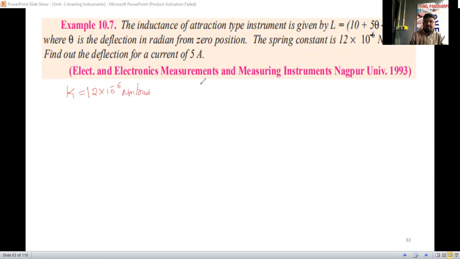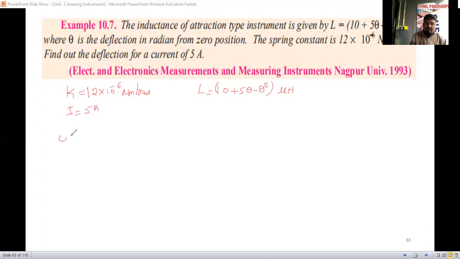L is given as 10 plus 5 theta minus theta square, in microhenry. I'll use microhenry directly. And the current I is given as 5 ampere.